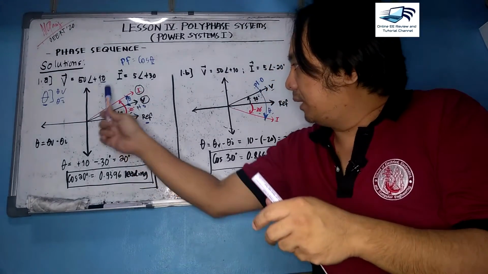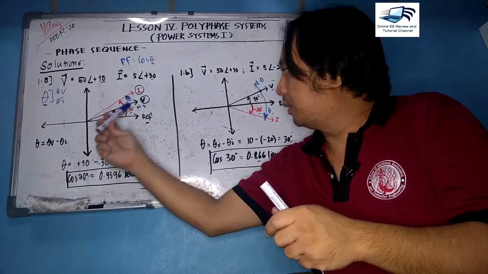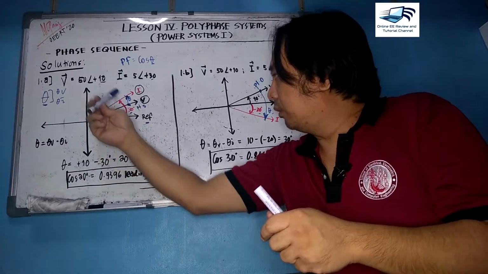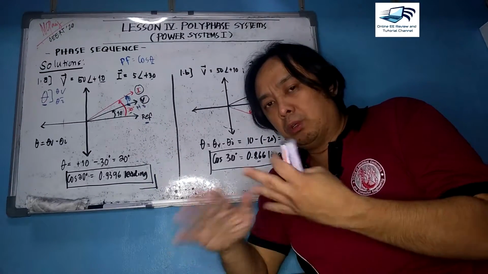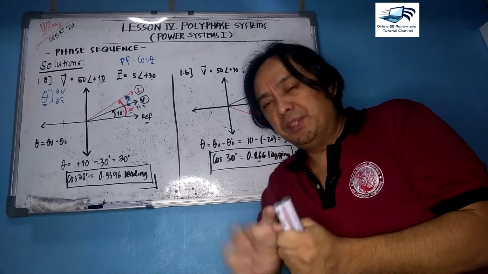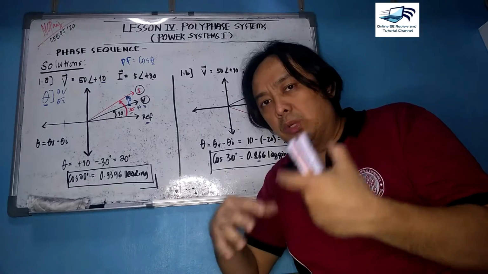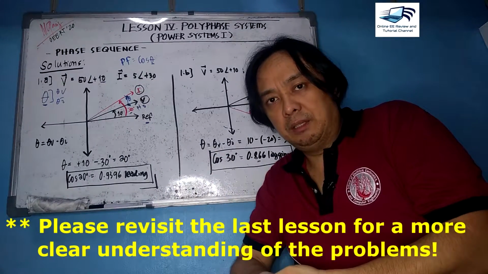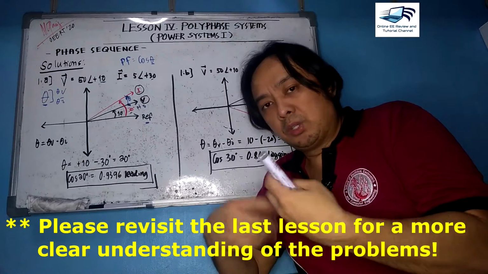So you have positive 10, so that is in the counterclockwise direction. And then positive 30, we have the counterclockwise direction based on the reference. And please take note, in order to understand what I'm talking about here, you need to go back to the basic fundamentals of this topic so that you can have the basic principles before you solve some problems.